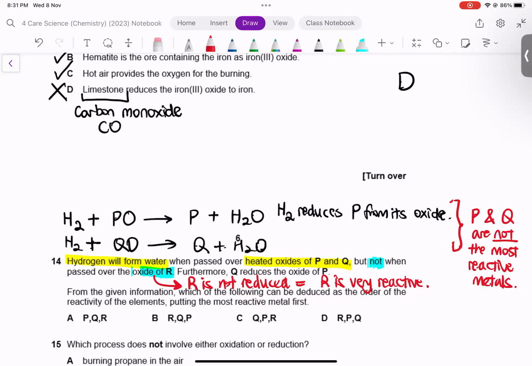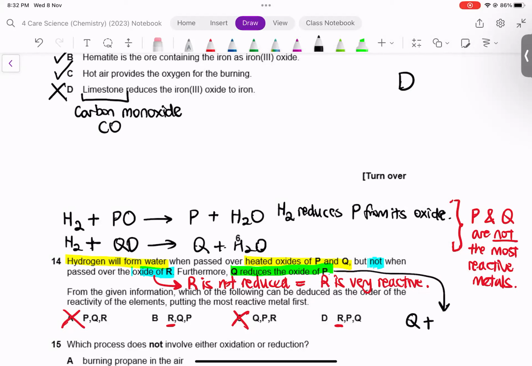So if R is the most reactive, putting the most reactive listed first as the most reactive. Then we go on to the next line. Furthermore, Q reduces the oxide of P. What does this even mean?